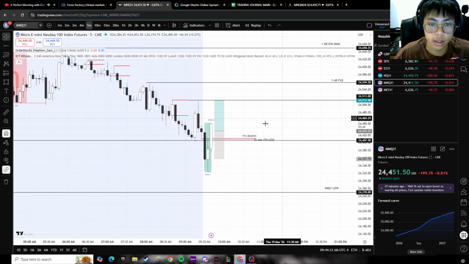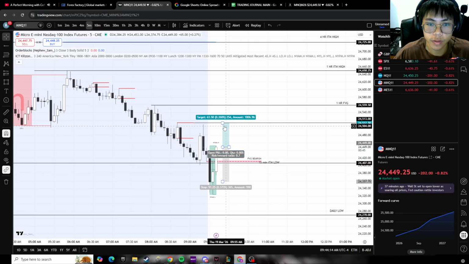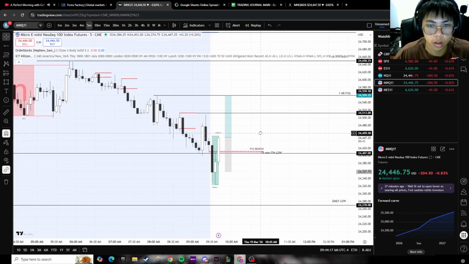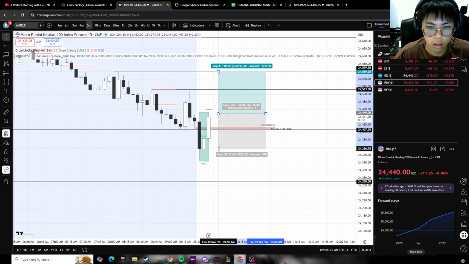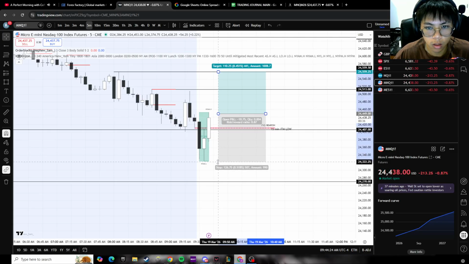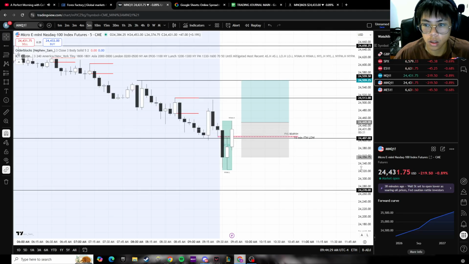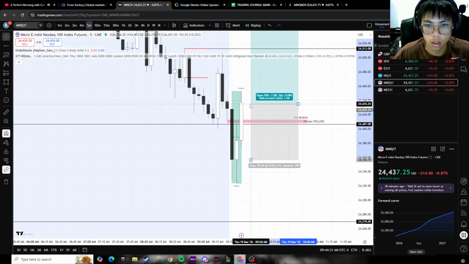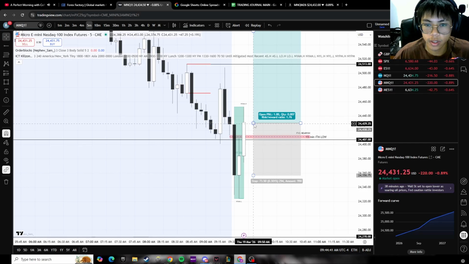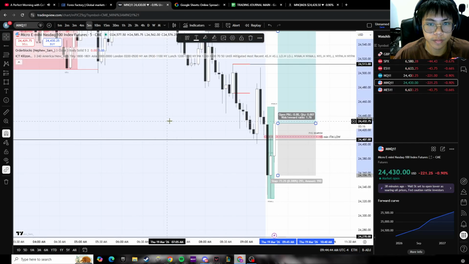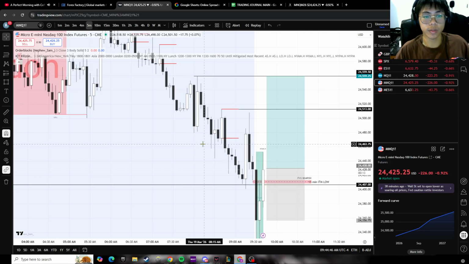Holy shit, that is fucking fire. That is beautiful. Heavy displacement through this 5-minute gap. First one might have been a resweep.